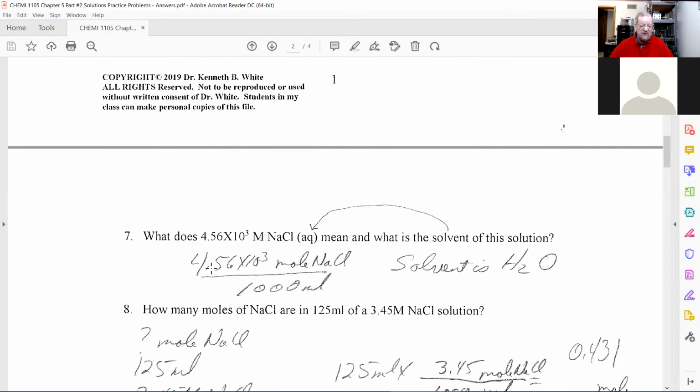And that means there's 4.56 times 10 to the third moles of NaCl per 1,000 milliliters. Now, the aq in the brackets means aqueous, which means water is the solvent. Whenever you see aq after this, that's water is the solvent.